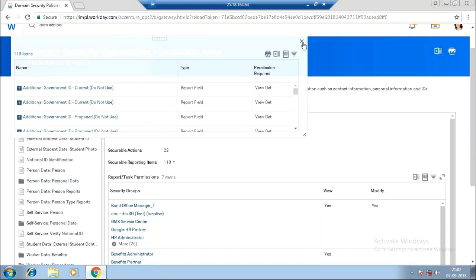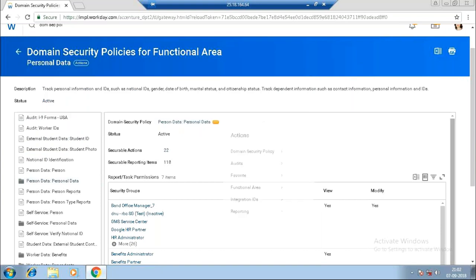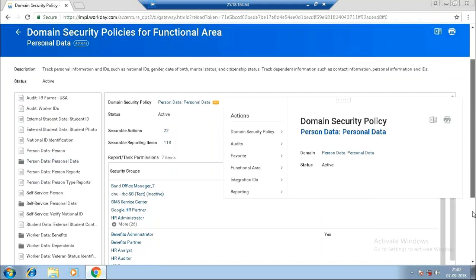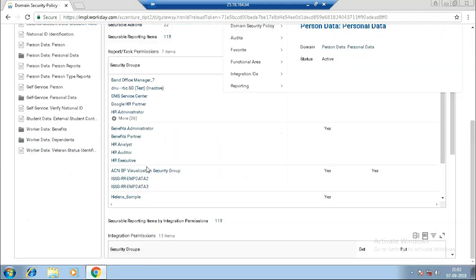And only these security groups, if you see here, HR administrator, HR partner, service center, benefits administrator, only these particular security groups have the access to see these things. All the securable items I have shown you, only these particular security groups can view.